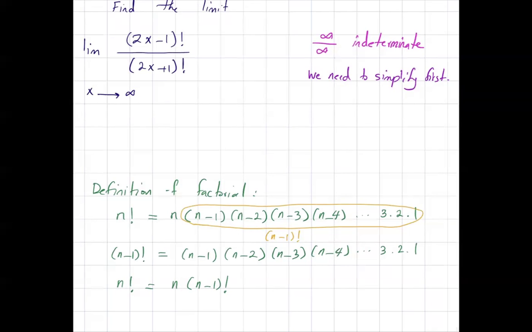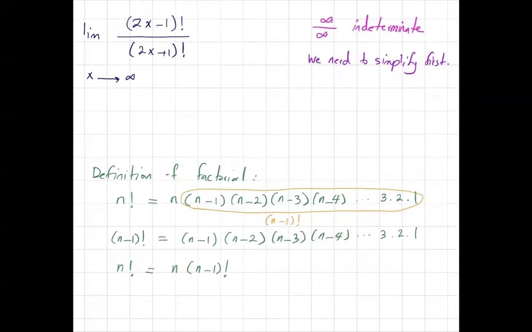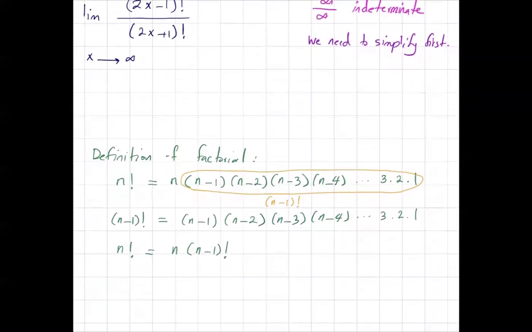So let us take a look at (2n minus 1) factorial. What is (2n minus 1) factorial? It is (2n minus 1) times (2n minus 2), (2n minus 3), and the rest of them, 3 times 2 times 1. What is (2n) factorial?